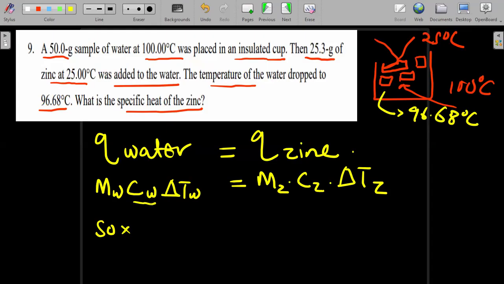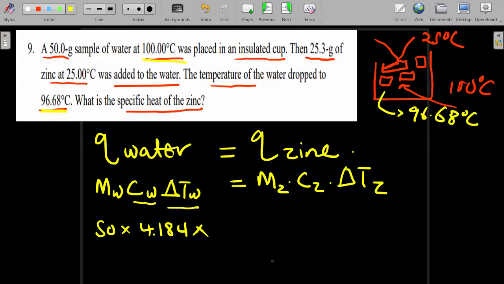We know its value, it's just 4.184, multiplied by the change in the temperature of the water. The initial temperature of the water was 100, and then it has reduced to 96.68. So this is the final temperature.